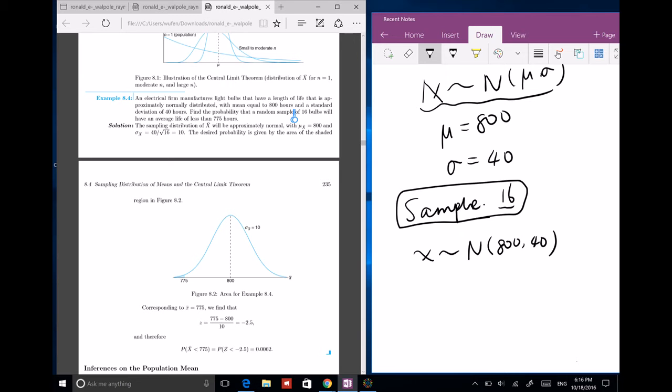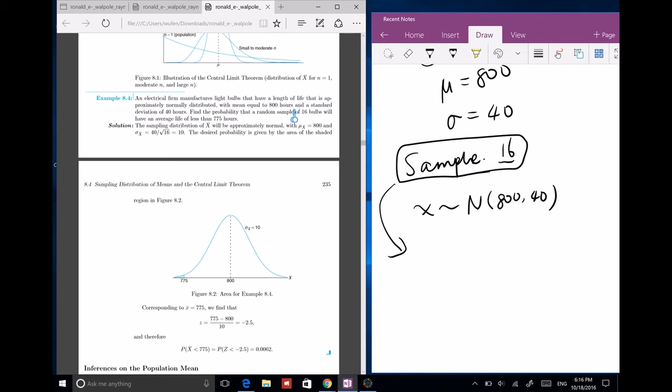Now my question is, what is the distribution of the sample mean? This sample mean also has a normal distribution. It also has a mean value of 800, but the standard deviation is 40 over the square root of n.